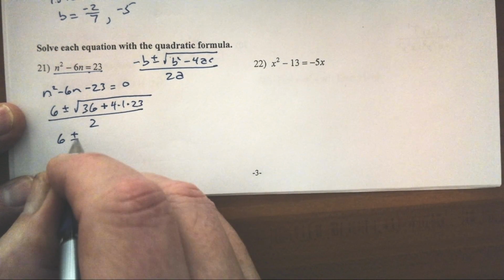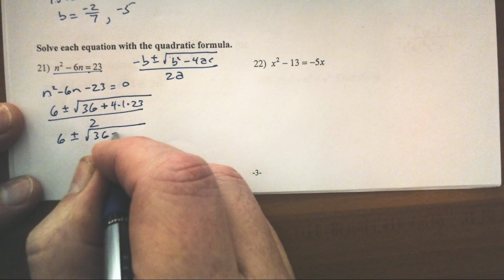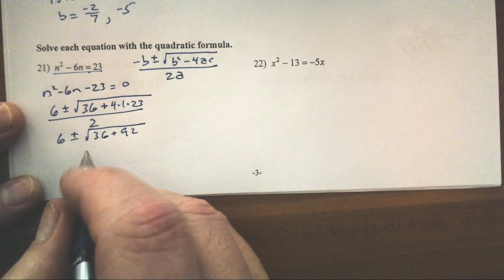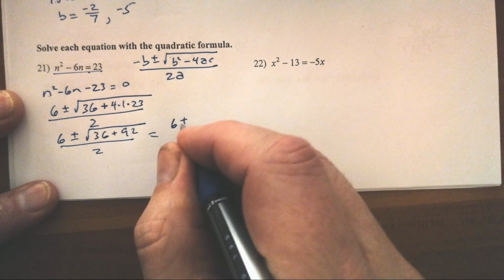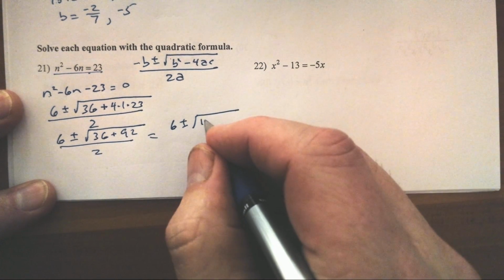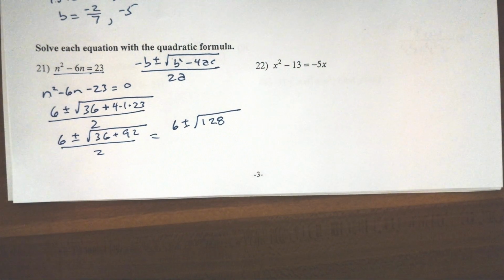So I get 6 plus or minus, no cramming, don't go into the calculator on this. 36 plus, let's see, we get 92 here, all over 2, 6 plus or minus square root of 128, and now 128, wow, that's a pretty decent number.